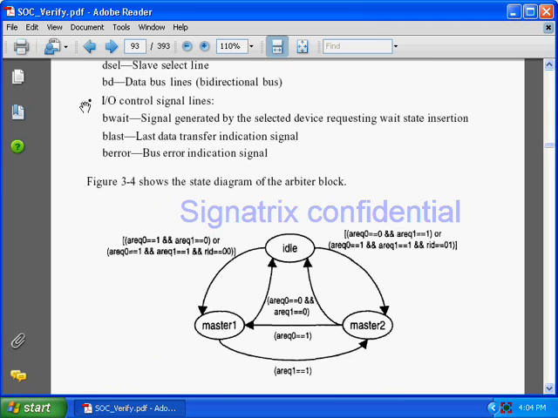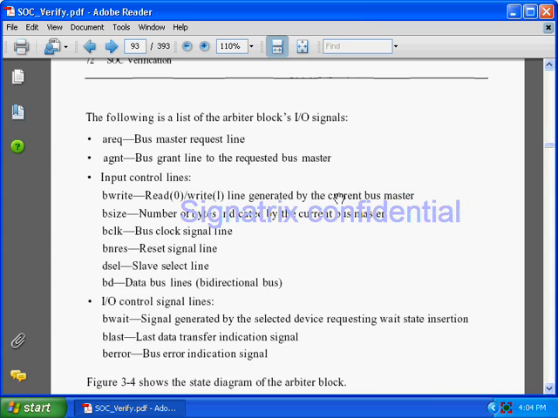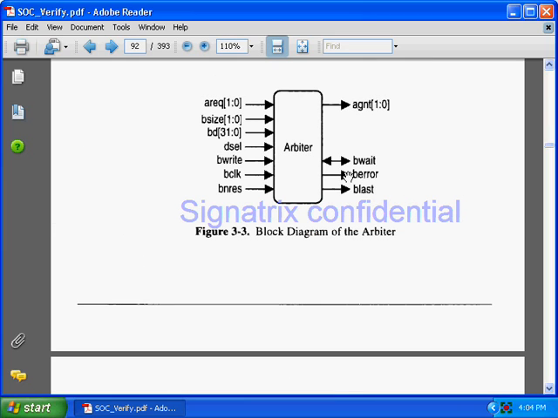Now there are input output control lines. B wait is a signal generated by the selected device requesting wait state insertion. Suppose your slave is not ready to give you the data.